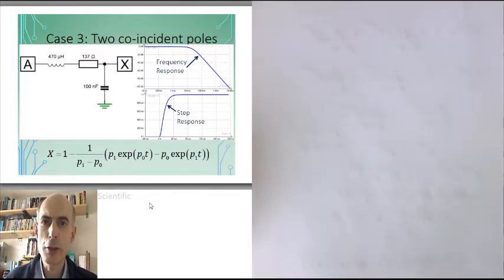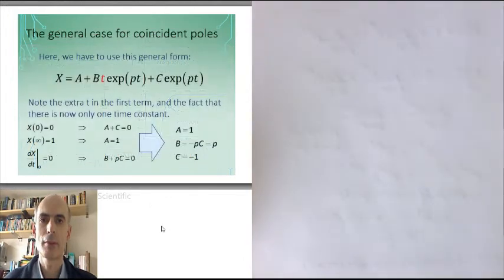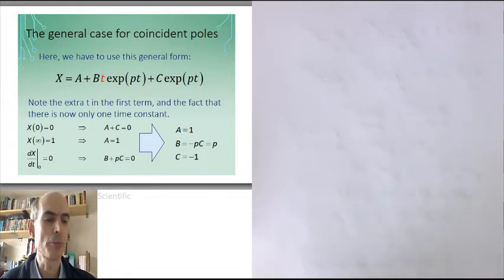So all of the theory that we've worked out so far doesn't apply to the case where Q is a half and we have two poles of exactly the same value. It's a well-known problem and it tends to crop up in mathematics exams.